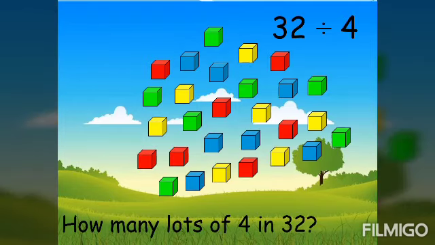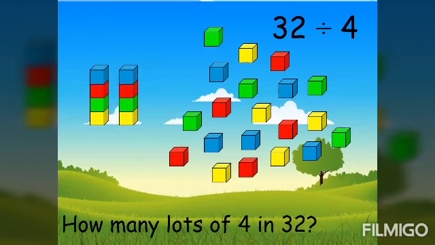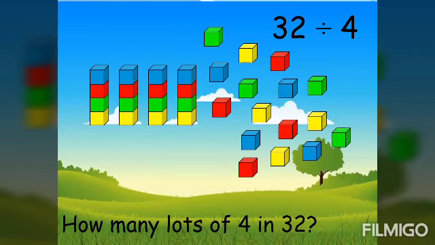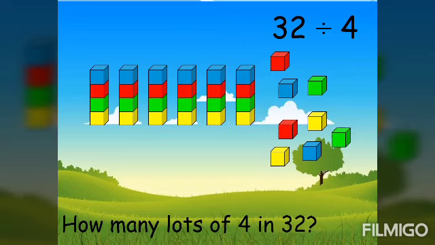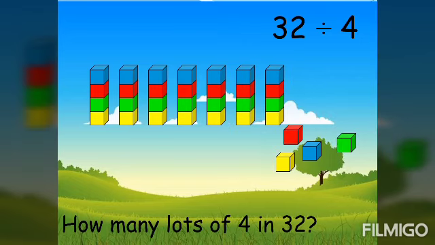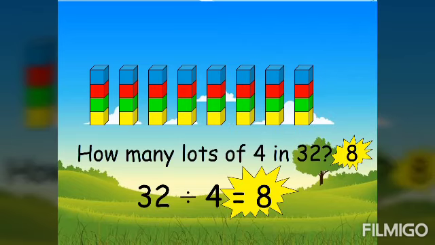Okay, in this slide now, we have a total of 32 lots, and I will be showing you guys how it forms 4 groups, because it says here in the division sentence we have 32 divided by 4. So how many 4s are there in 32 lots? So take a look at this, guys. Oh, so amazing, guys. Look at this.